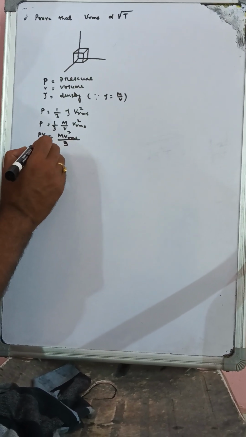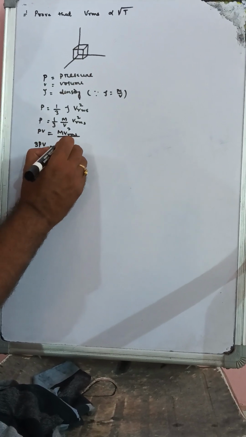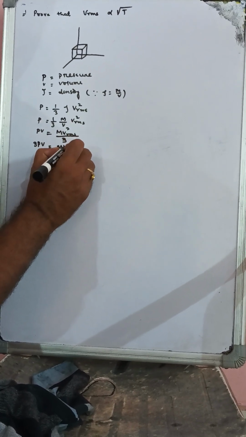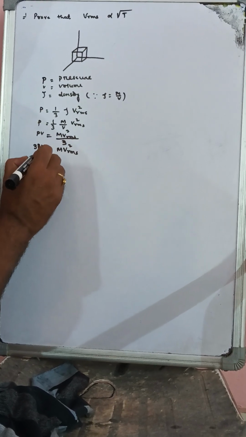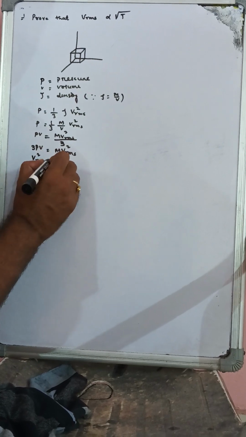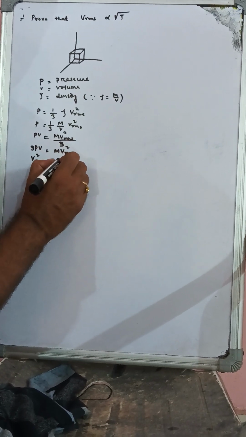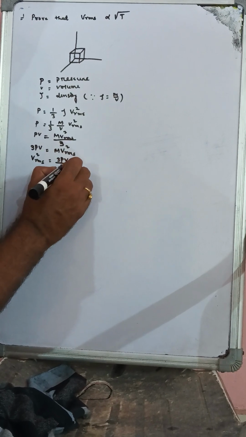Then 3PV is equal to mVrms square. Then Vrms square is equal to 3PV divided by m.